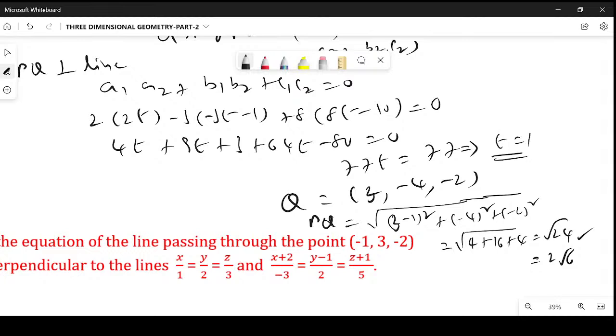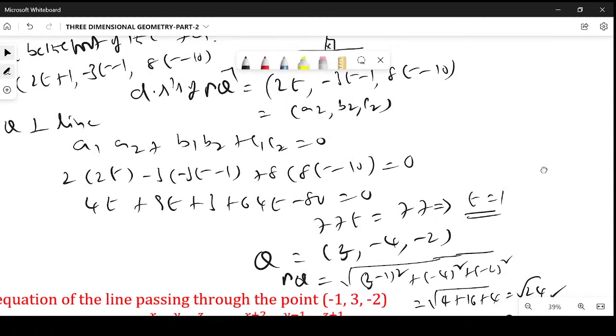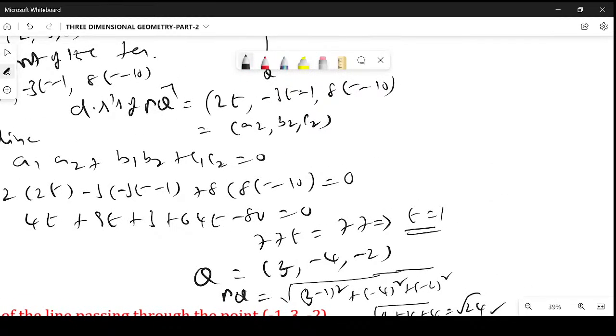Now I can find, since the DRs of PQ bar we know, they are also asking about the equation of PQ bar. We know the Q point here, we have taken Q point 3, minus 4, minus 2, and also the DRs of this one, a2, b2, c2. So we know the Q point and this, we can write the equation of the line. The required equation of the line we can write. The P point we know is 1, 0, 0, and the DRs of PQ bar we know.